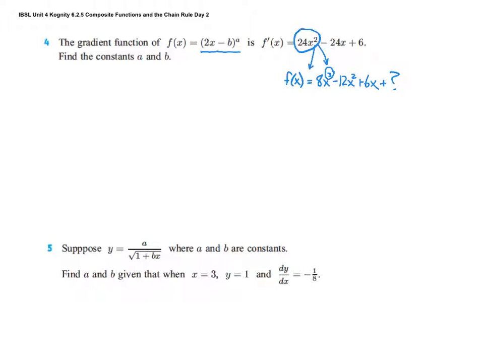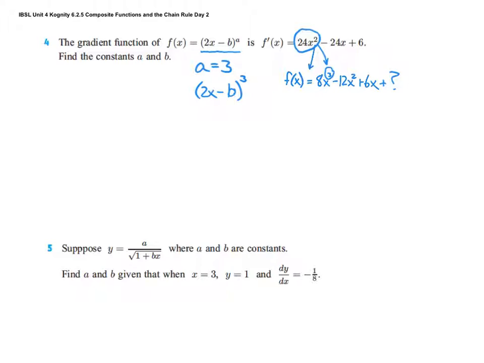A is 3, okay? A is 3, because I've got to have 2x minus b to be cubed in order to end up with something where I take the derivative and get an x squared. Okay? With polynomials, every time you take the derivative, you lose a power.